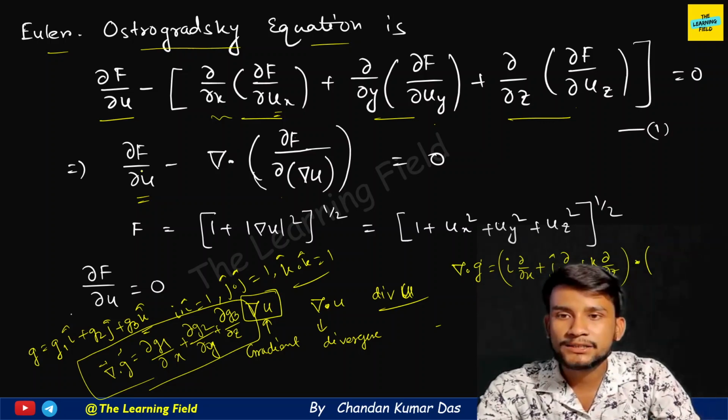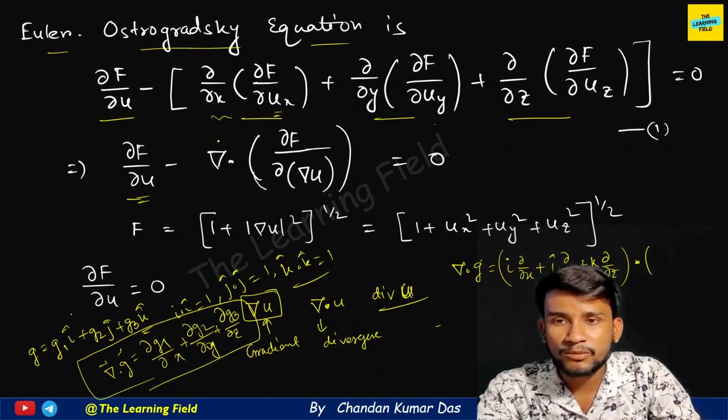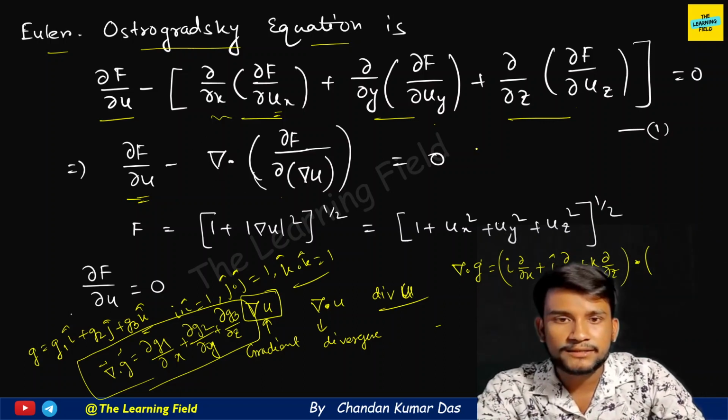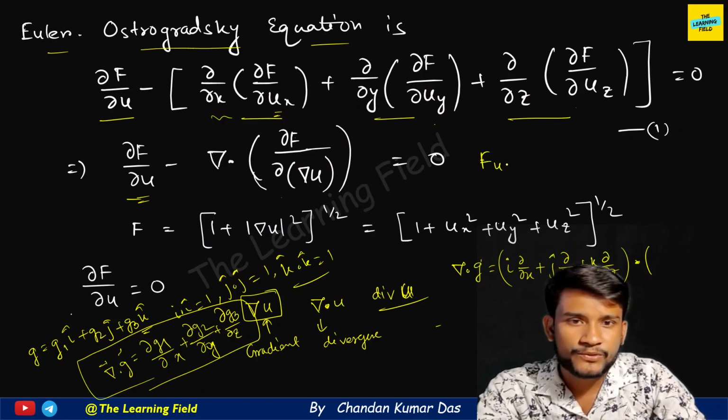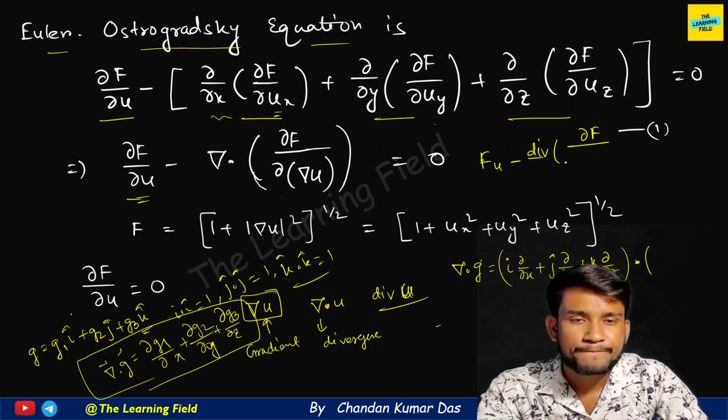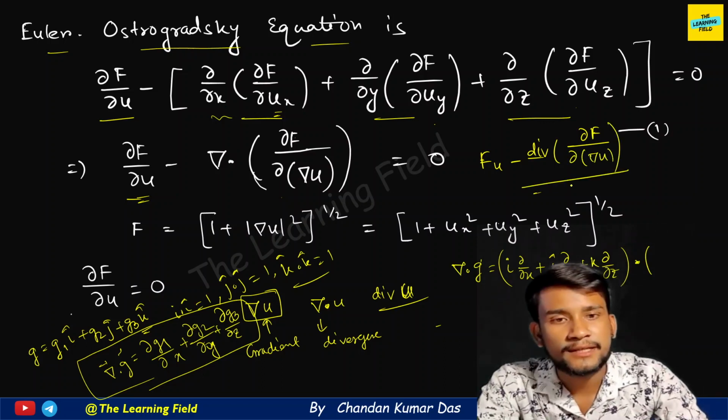So we write this as del f by del u minus gradient of, or you can also write this as del f by del u minus divergence of del f by del grad u, like this.